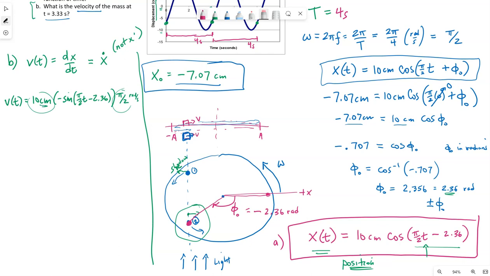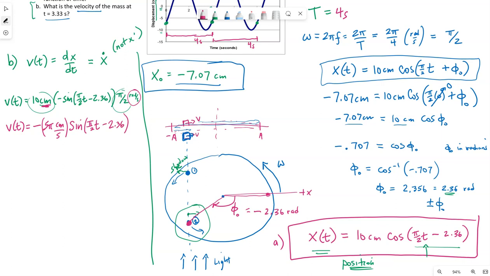Velocity function, let's see, we still have our negative sign. 10 times pi over 2 is going to be 5 pi. The units here will be centimeters per second, because we have centimeters on the amplitude, the 10, and then omega in radians per second. That's where the centimeters per second comes from. And then we have our function, sine of pi halves t minus 2.36.